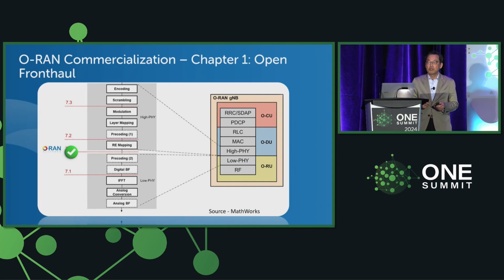It's called 7.2. We chose it deliberately because we believe this is the right split point, which optimizes the balance between performance and flexibility: low latency, efficient performance, reduced transport bandwidth, easier multi-vendor integration, and also supporting beamforming and advanced antenna technology like MIMO.